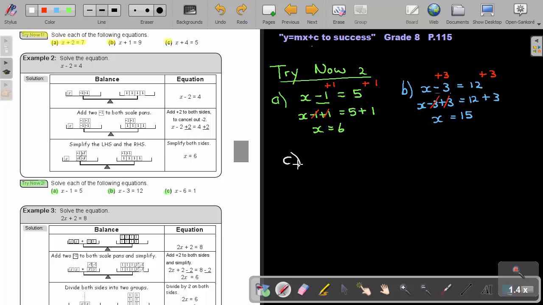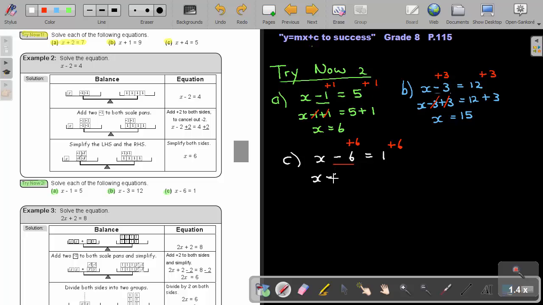And then our final one, which was x minus 6, is equal to 1. Now remember, there's not standing 6, there's standing negative 6. So basically, to cancel this negative 6, I will add 6. And I add it to both sides. So whatever I do on one side, I do on the other side, always with an equation.